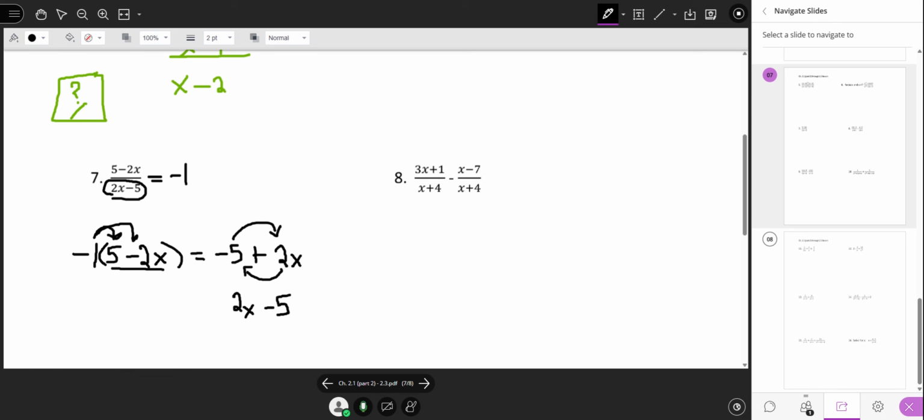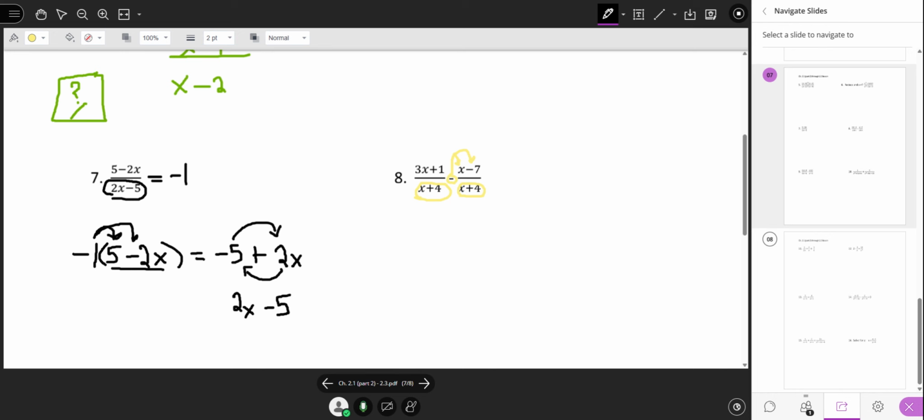Notice these two denominators are exactly the same. That means all I do is add or subtract whatever that sign says, and that sign says to subtract.